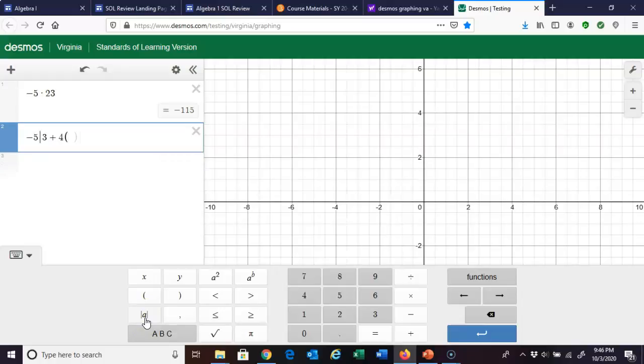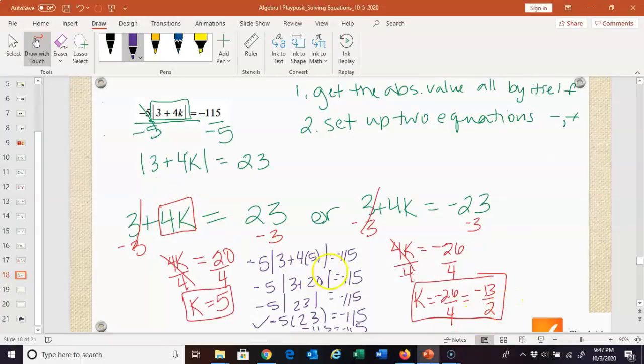Instead of k, we're going to write negative 13 over 2. Now remember, you're down here in the bottom. See my cursor is blinking at the bottom, so I'm going to arrow over, close the parentheses, close the absolute value, and sure enough, it equals negative 115. Yay! Isn't that cool? So you can use your Desmos calculator to confirm for you. That is true.